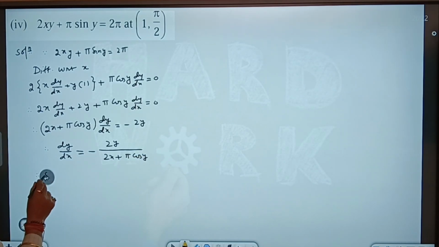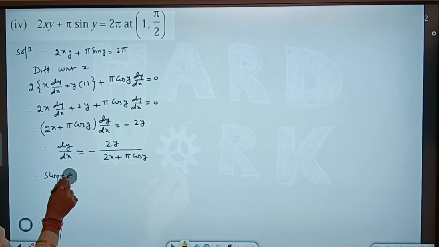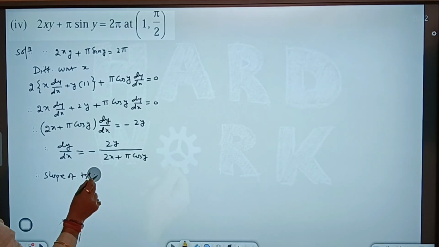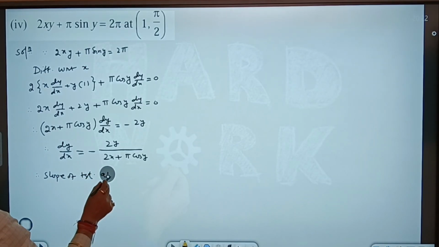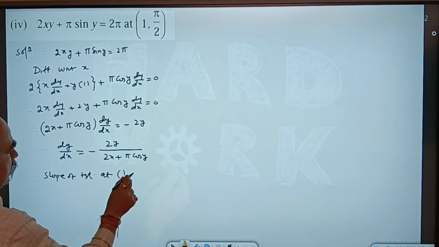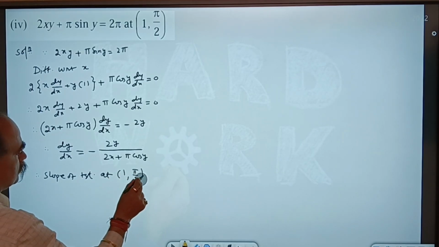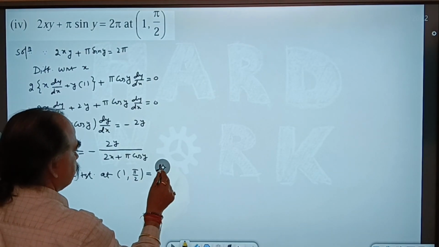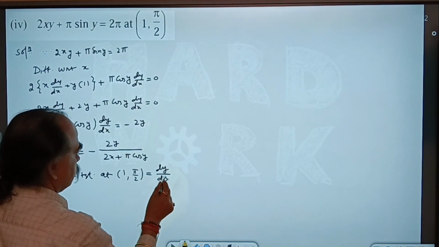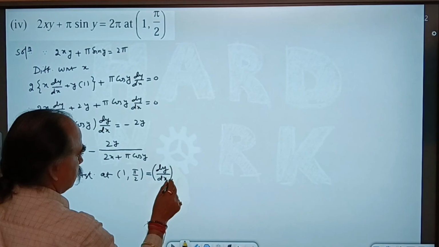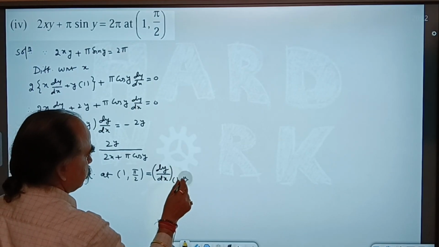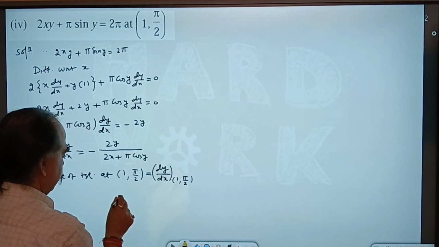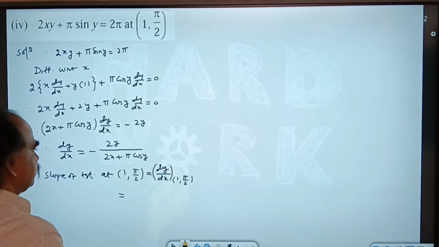Therefore, slope of tangent at (1, pi by 2) is equal to dy by dx at (1, pi by 2). Replace y as what? Pi by 2.